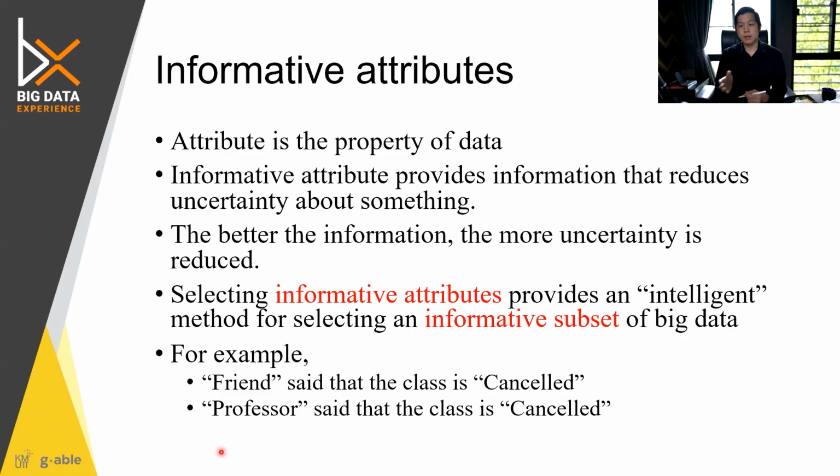Suppose that your friend tells you, you probably need to find out, is it true? You probably need to find a second opinion, asking another friend, is it true? Or, does it come from my post, or from which source, right? Or you may believe your friend, that's another matter. But you can see that if your friend is not someone who would be joking around, this person would always provide informative attributes.